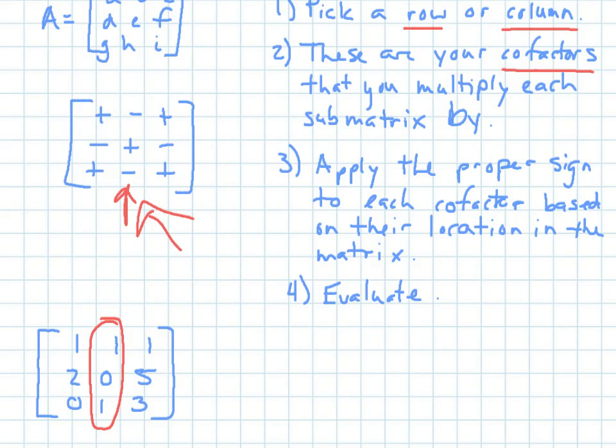So I'm going to attach a negative sign to the 1 in that position, so it would be a negative 1 instead of a positive 1. 0 will be plus, which wouldn't have mattered either way. And the last one in that column is a 1, and so that should be negative, so it would be a negative 1. And we do that no matter where we pick them. If we pick the first row, it would have been plus 1, minus 1, plus 1 for this particular matrix.